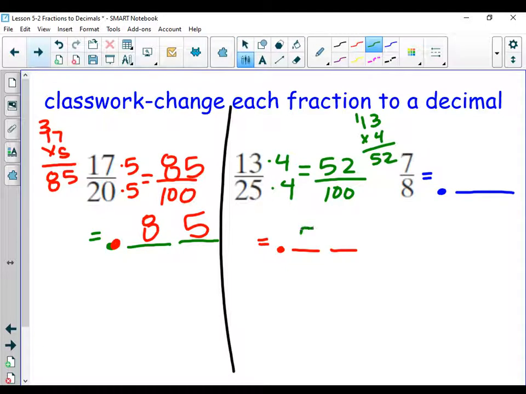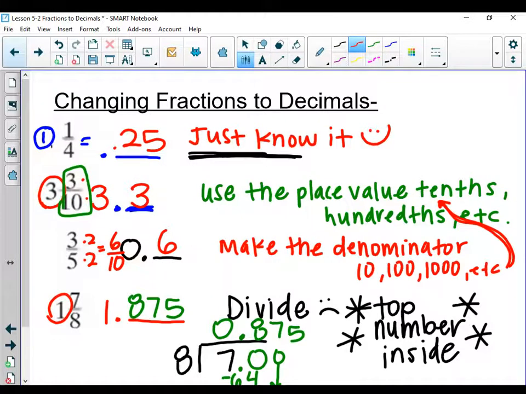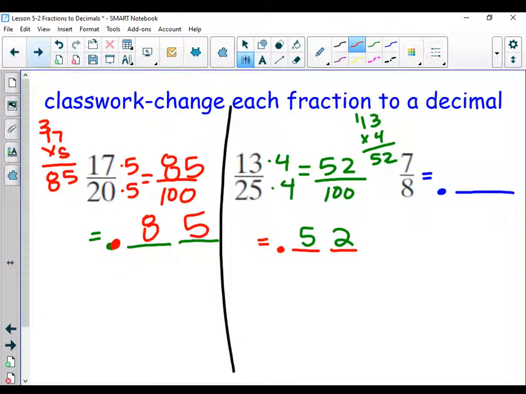Hundredth place has 2 places. 7/8. Oh, we just did that one a minute ago. 0.875. I love when those repeats show up, don't you?